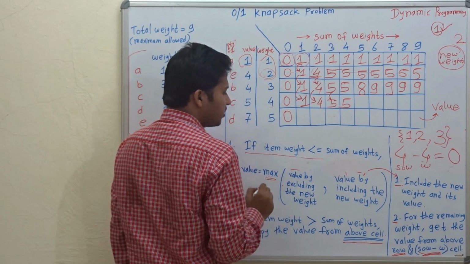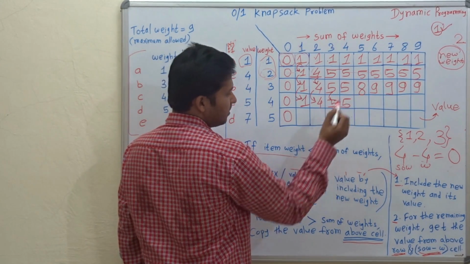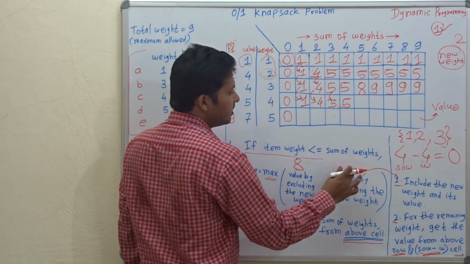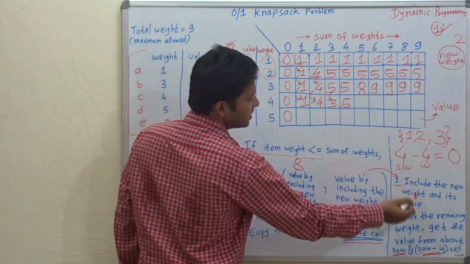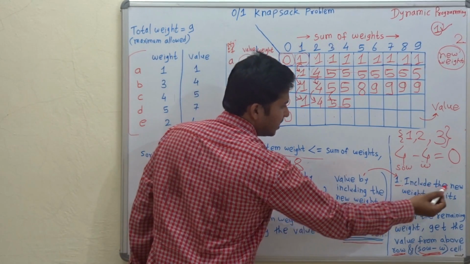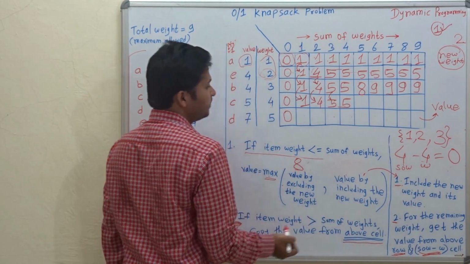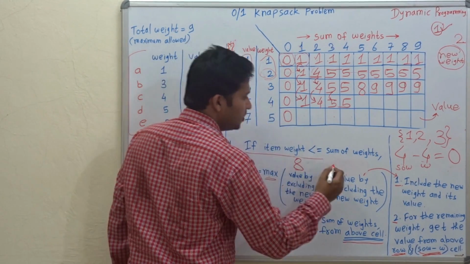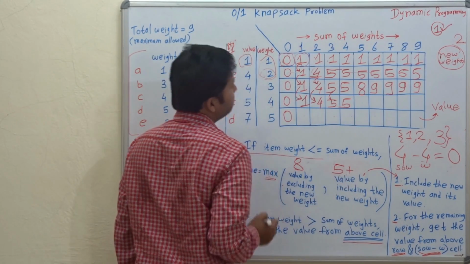Now the value by excluding the new weight is the value in the above cell, that is 8. For the value by including the new weight, let's follow these two steps. First step is include the new weight and its value. The new weight is 4, so we include its value here, that is 5.